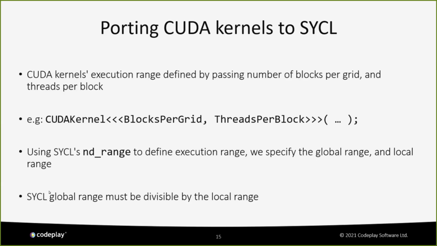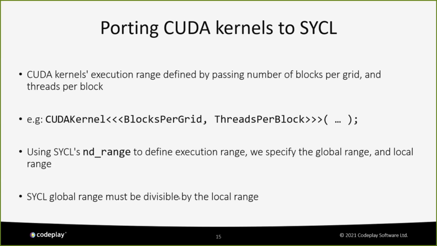In SYCL, using SYCL's ND range to define the execution range, we have to specify the global range and the local range. So instead of defining the number of blocks, we have to specify the global range.